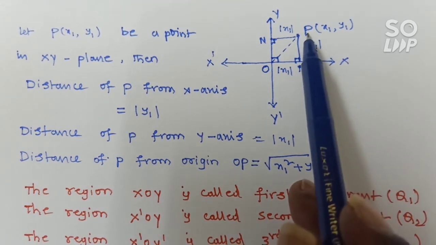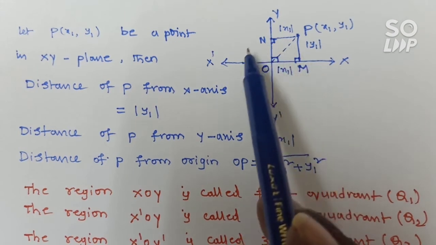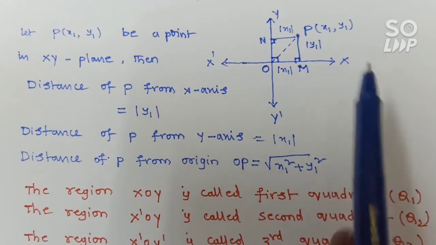Now, if the point P lies in the different quadrants, then what do you say about the sign of the coordinates?